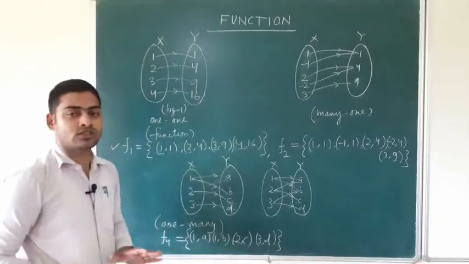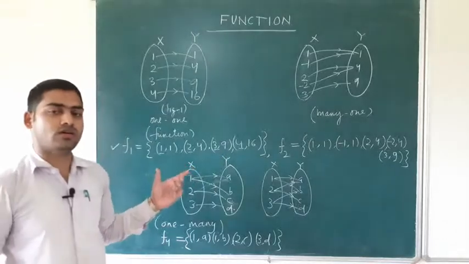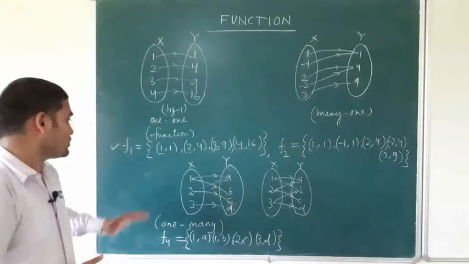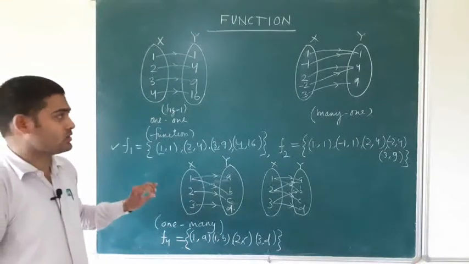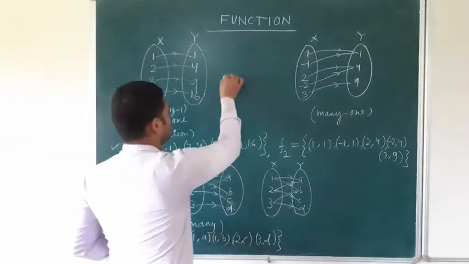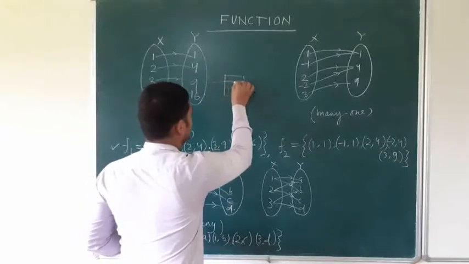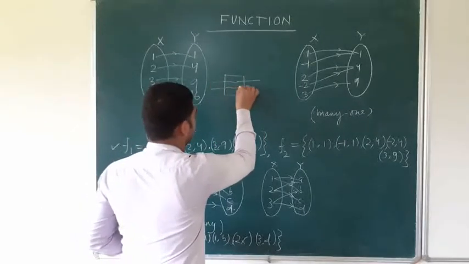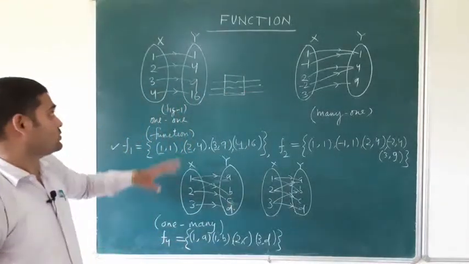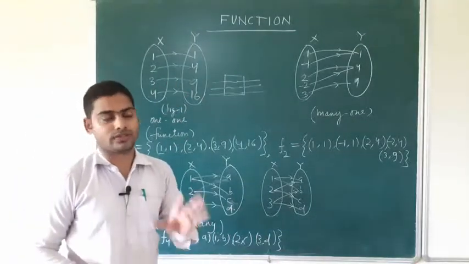The first coordinates of all ordered pairs are different from one another. So F1 is a function, it is called one-one function. Okay, you can show like this also. 1, you get 1. So this kind of function is called one-one function.